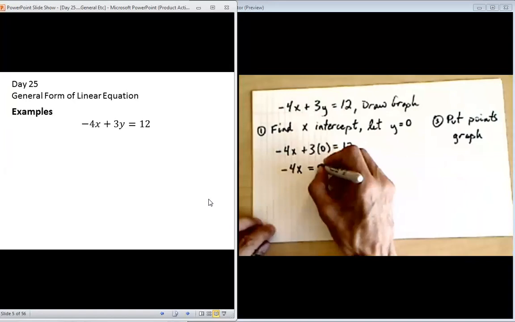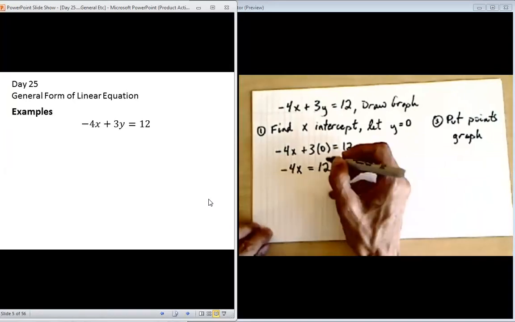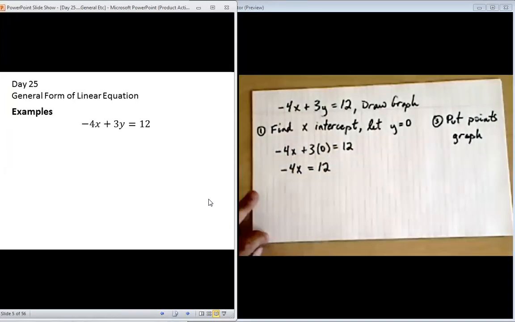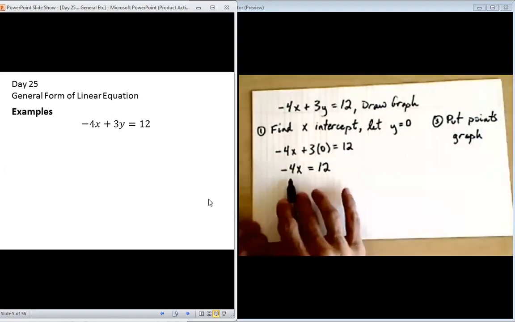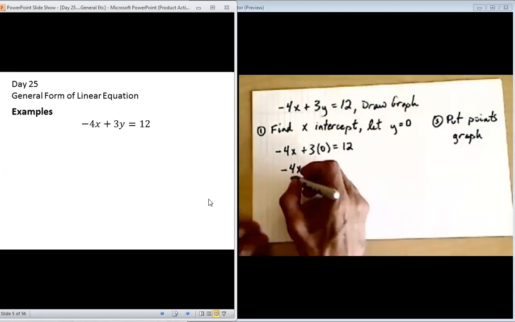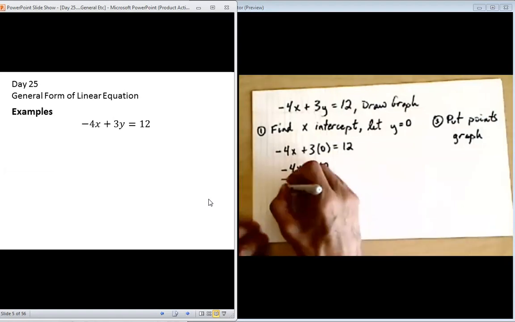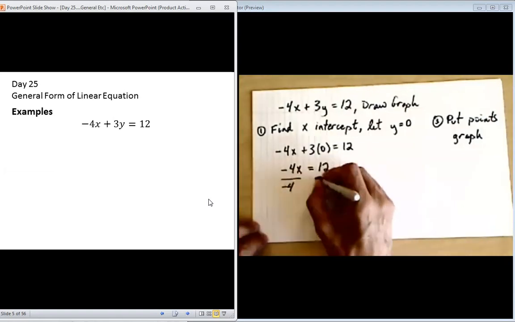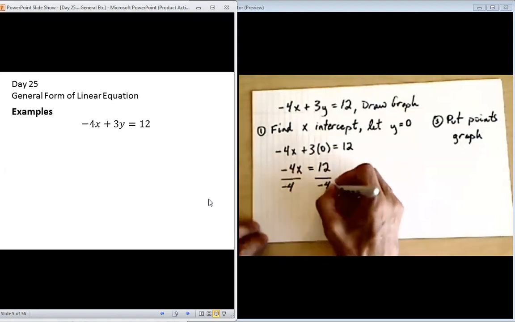Minus 4x is equal to 12. Is this looking more familiar? Yeah, good. Divide by whatever number you see there. So it's actually going to be minus 4. We keep track of that as well. Include the sign. Okay, so divide by minus 4 on both sides like that.